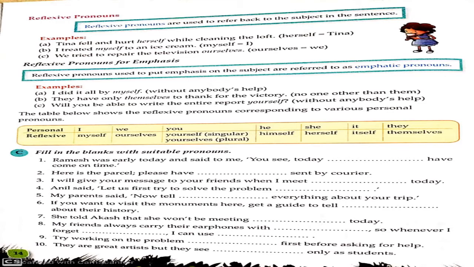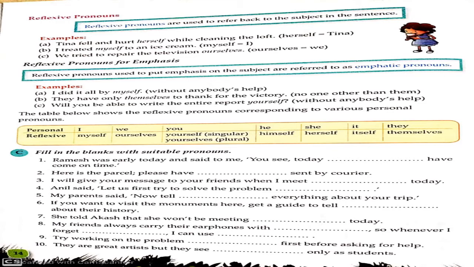I will give your message to your friends when I meet dash today. Friends, they are talking about friends, plural. If it was singular, then it would be I will give your message to your friend when I meet him or her today.